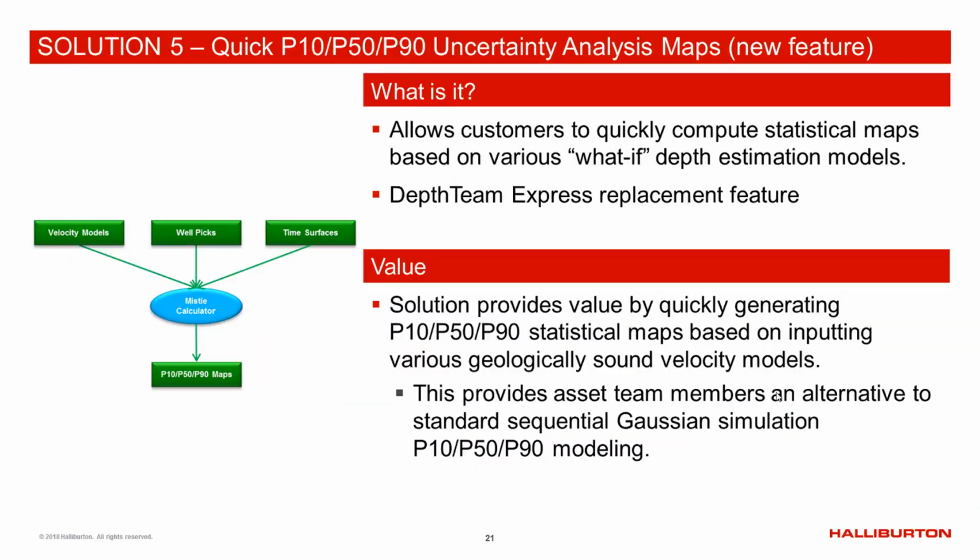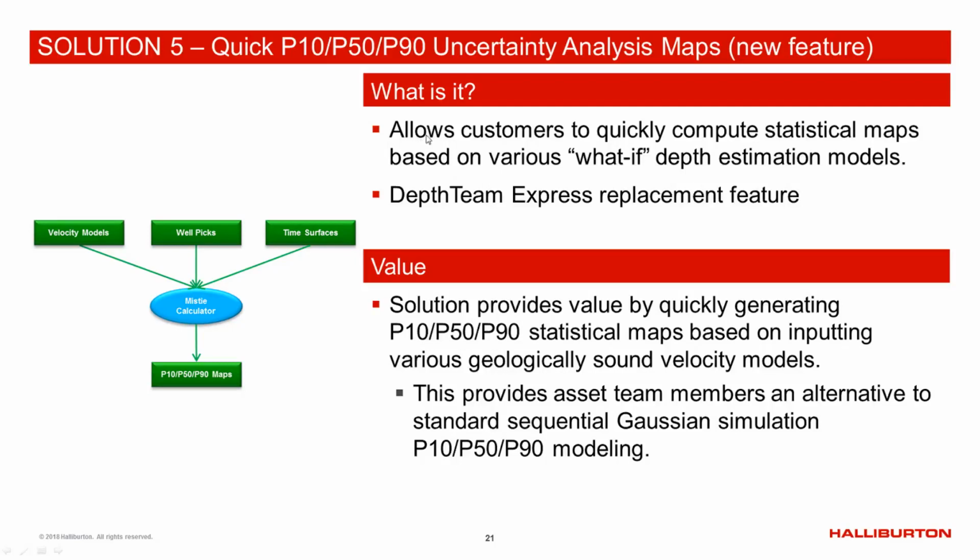Okay, so the last thing in the uncertainty analysis is P10, P50, P90 analysis. You can't really talk about uncertainty analysis without talking about a P50 and a P90 and such. Now, in DecisionSpace velocity modeling, we already have sequential Gaussian simulation to generate different velocity modeling surfaces, and if you don't know how to do that, you could contact me or support, and we could show you how.